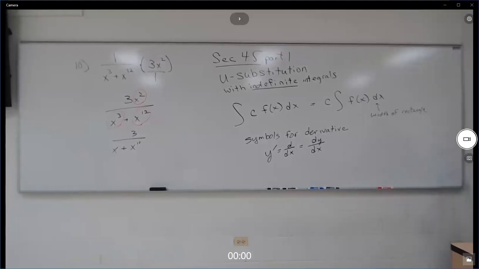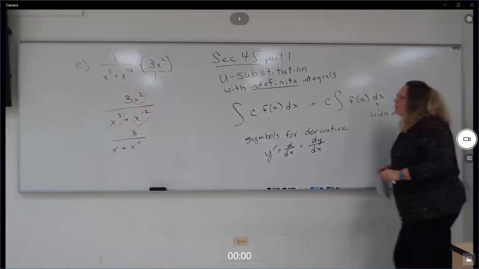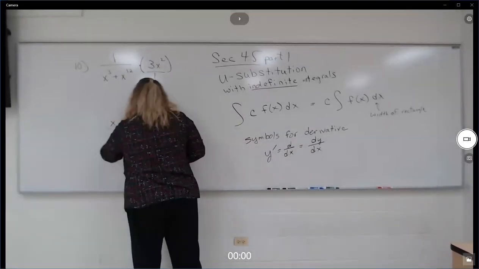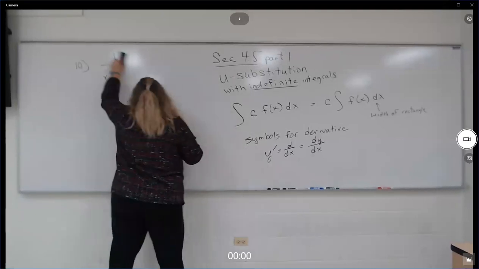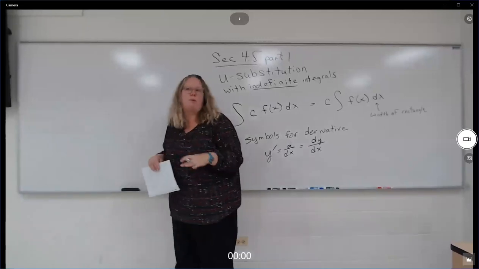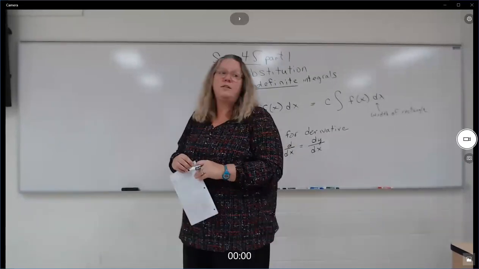Oh, maybe I put it in here. Hang on. I use the word evaluate. I don't know if I like that, but yeah, okay, that's what they said, evaluate. So there we go. We're just going to go through examples, but when we do this first example, we're going to learn U substitution as we go through a problem. And then we'll just keep practicing it.